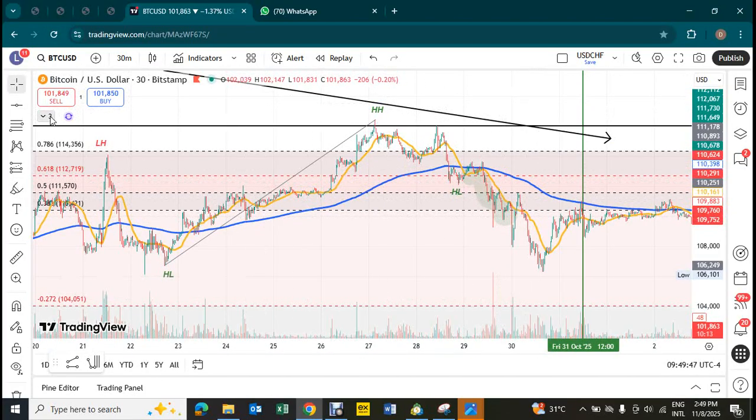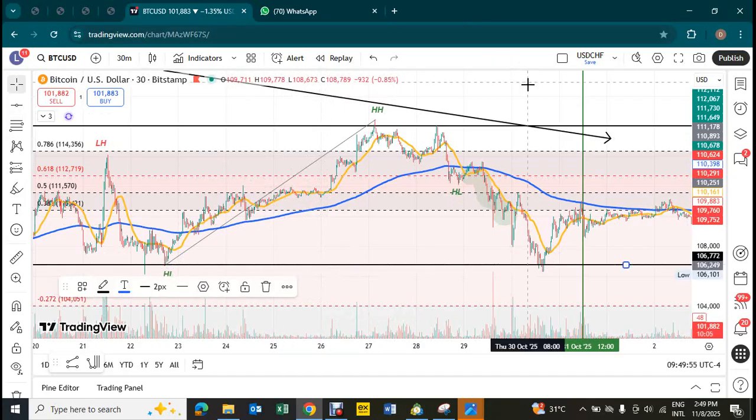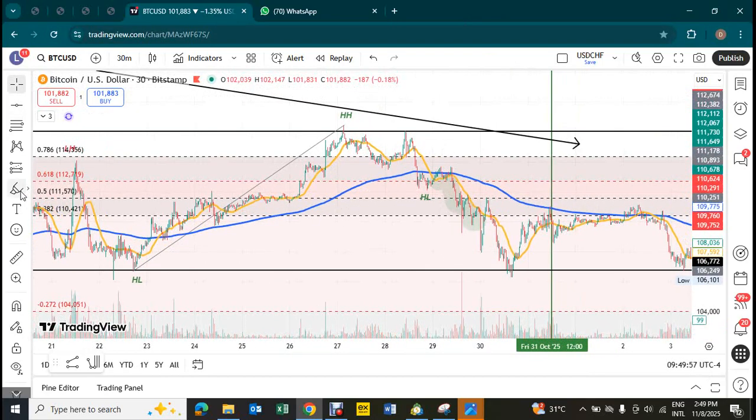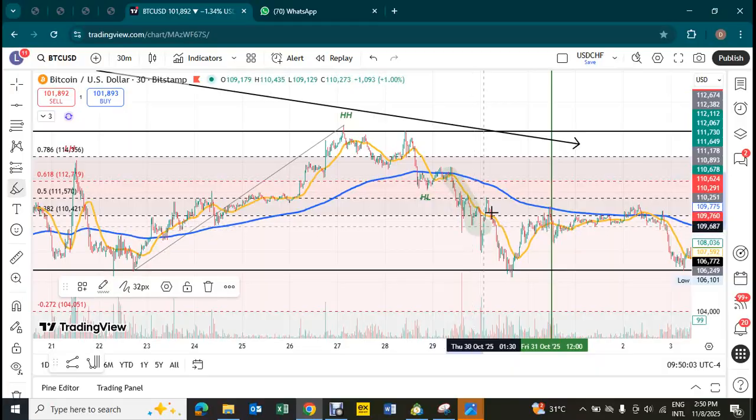Now I'm going to draw this line here. Good. Now we saw price keep on pushing down towards this level.